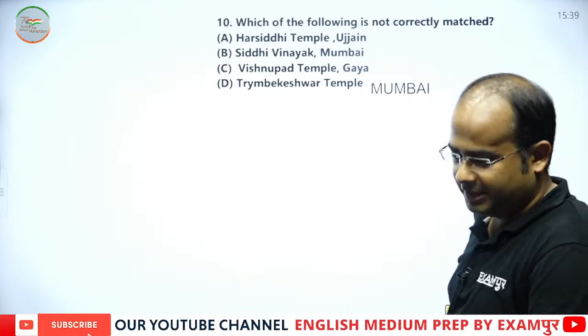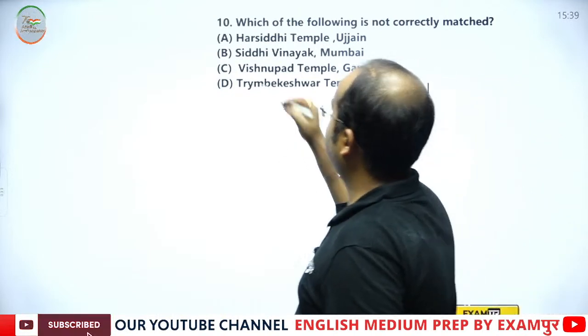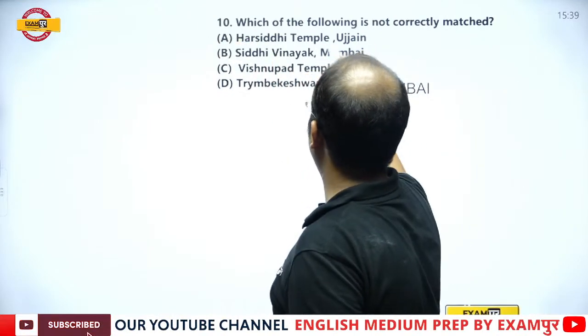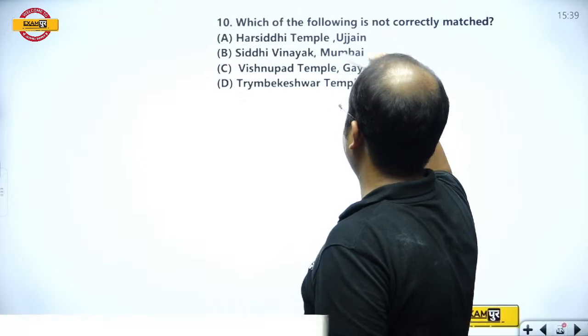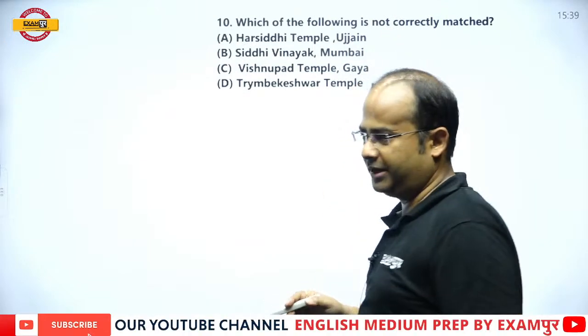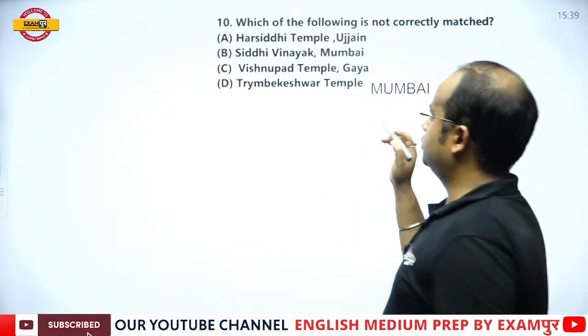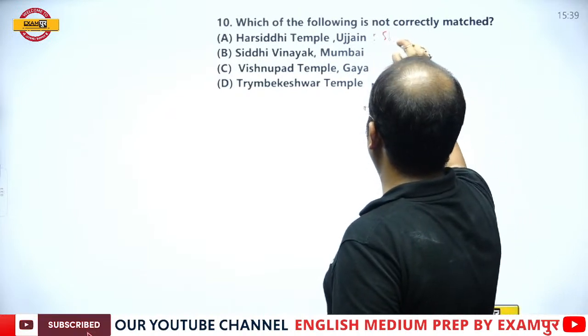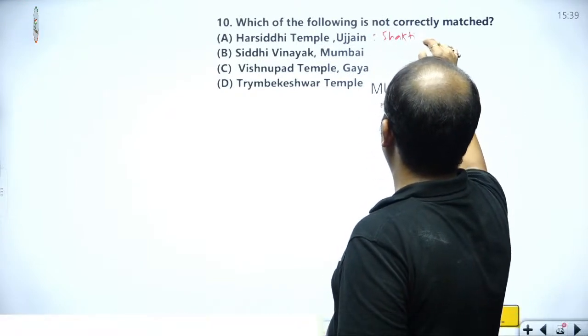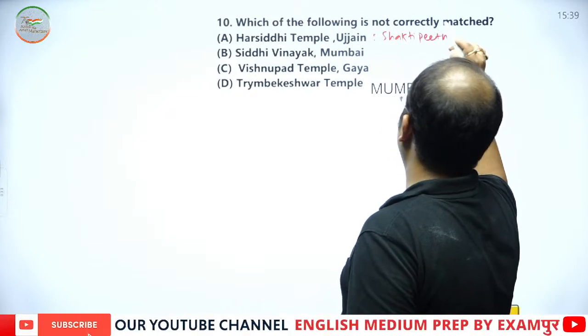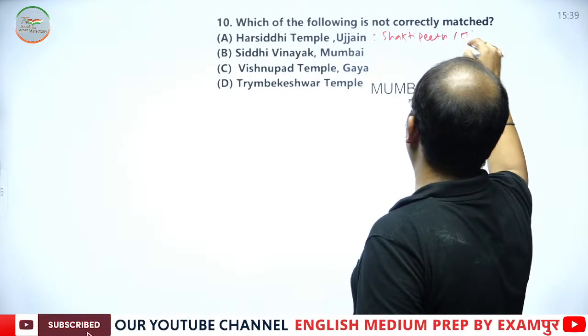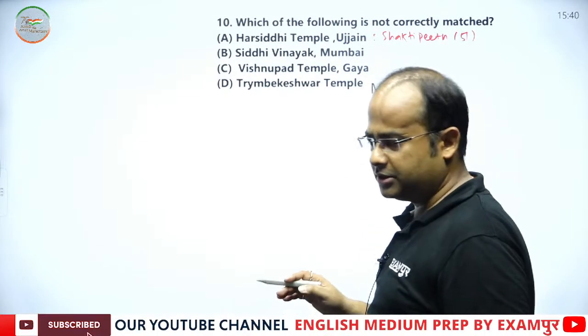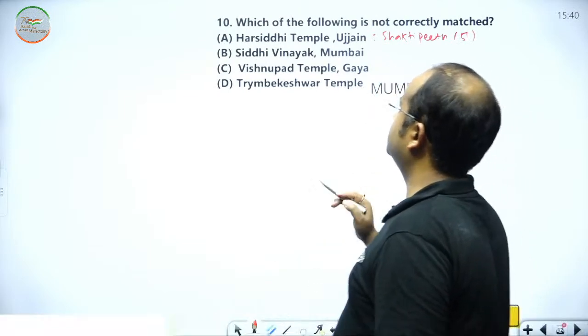Now, guys, let me tell you one thing. The Harsiddhi temple is correctly matched, it is in Ujjain, and she was the goddess praised by Kalidas. Harsiddhi temple is a Shakti Peeth. In total we have 51 Shakti Peeths, and Harsiddhi temple is one of them, located in Ujjain.